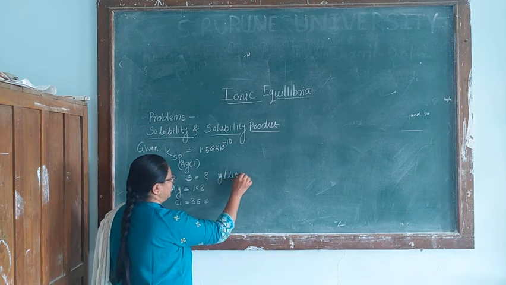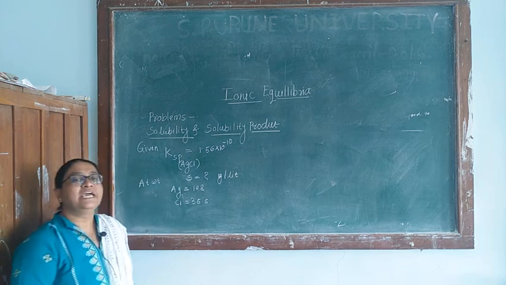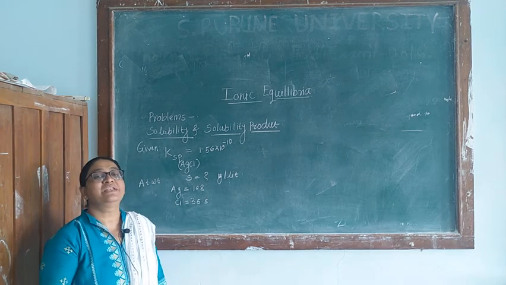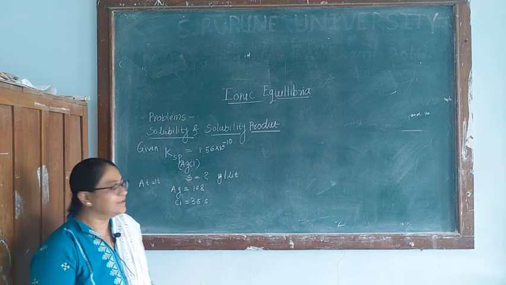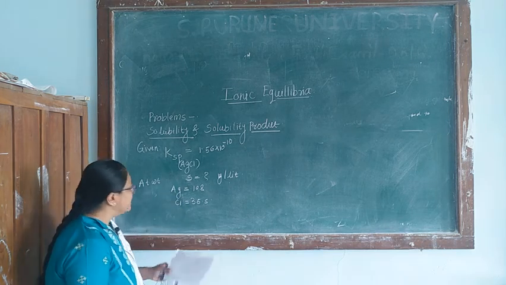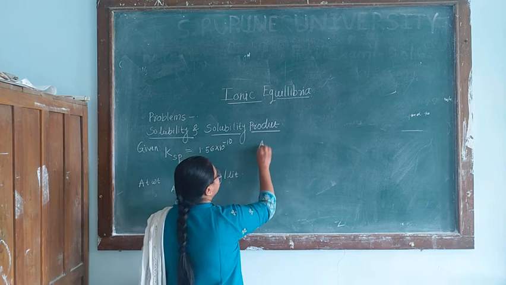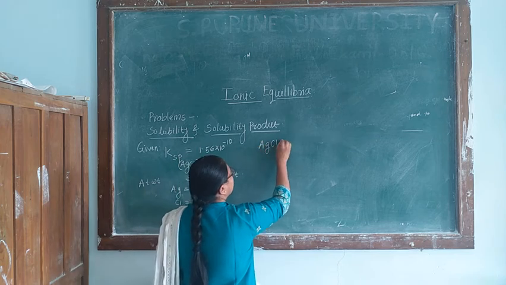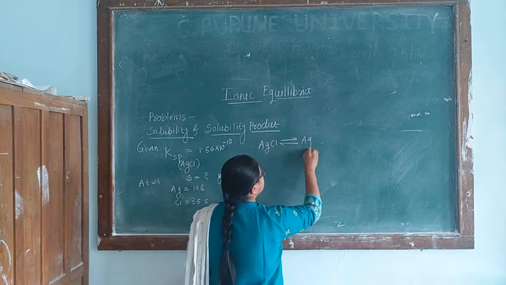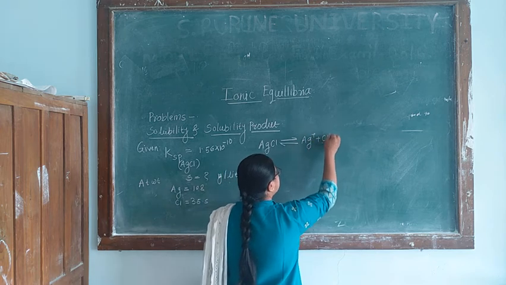We have been asked for the solubility in grams per liter. The solubility can be expressed in moles per liter as well as in grams per liter. So let's see how to calculate the solubility in grams per liter. Silver chloride in water will sparingly dissociate as Ag+ and Cl minus.